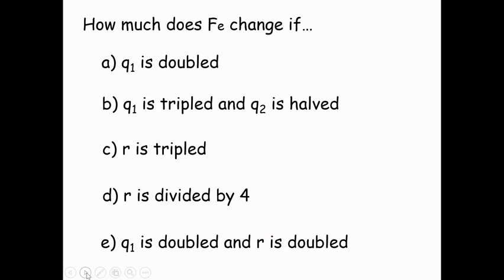Problem A, if charge 1 is doubled, electrostatic force will also double. That's a direct linear relationship. Question B, if charge 1 is tripled and charge 2 is halved, the electrostatic force will be multiplied by 3 halves. It will be multiplied by 3 and also divided by 2.